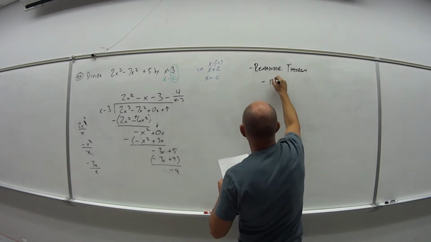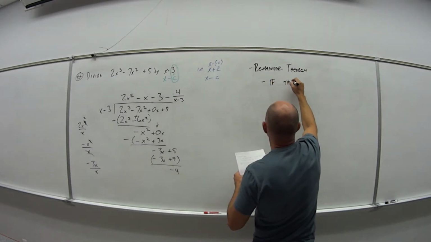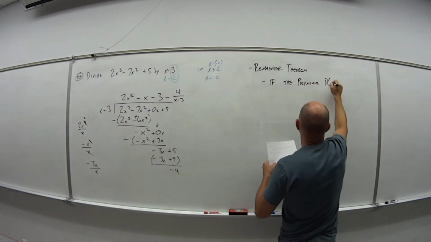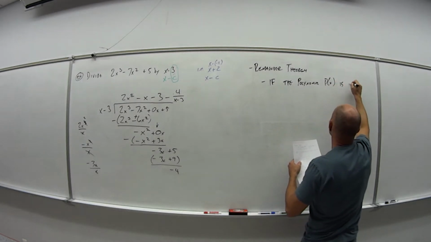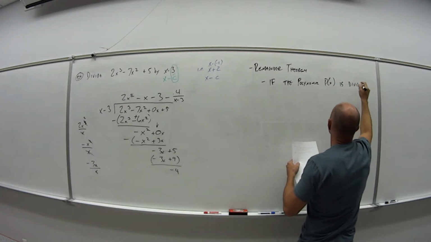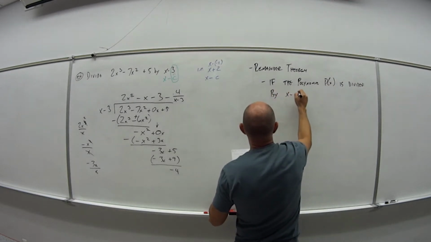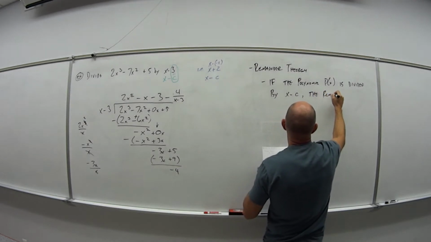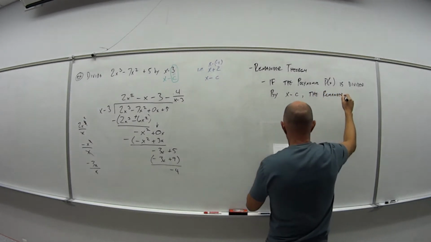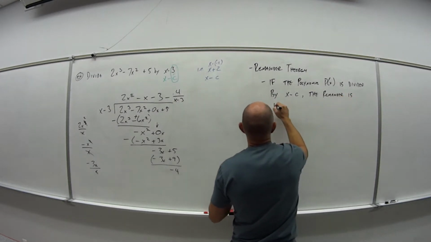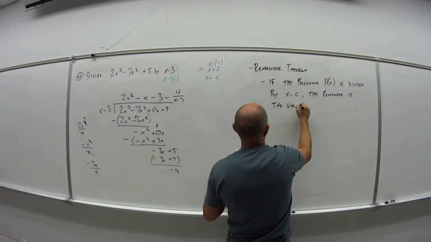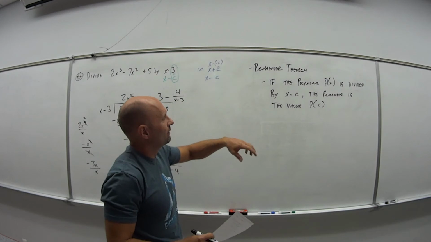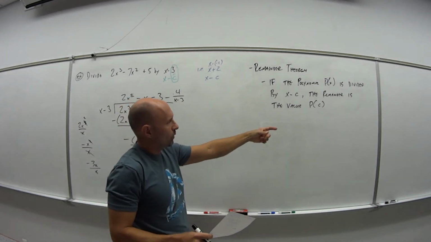It says the following: if the polynomial p of x is divided by x minus c, the remainder is the value p of c.